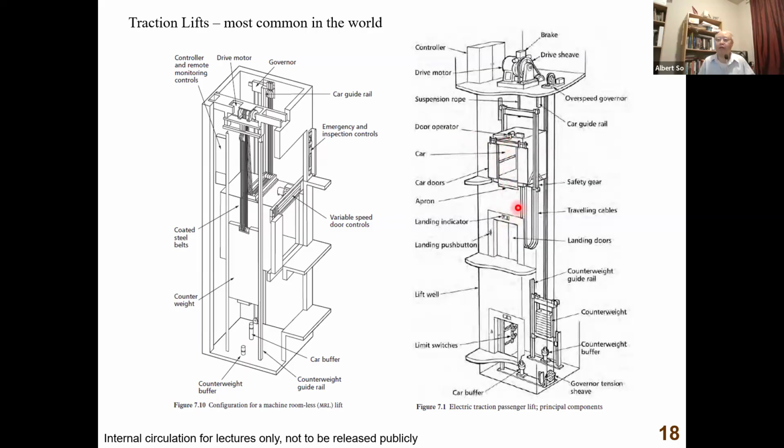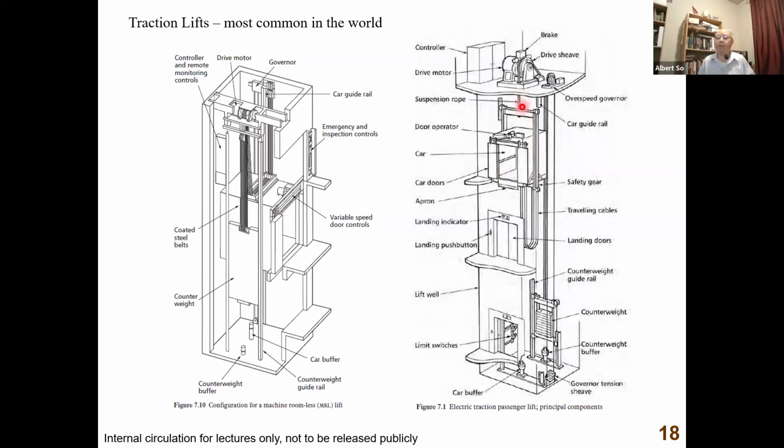There's a mechanical linkage between the car doors and the landing doors, so when the operator opens the car doors, the landing doors also open at the same time. If the car wants to leave that landing, the operator will close the car doors and automatically close the landing doors.